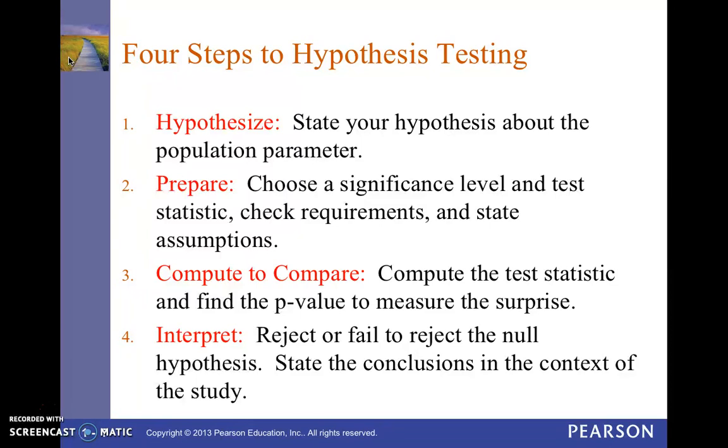If you've rejected the null, which means that you've rejected the idea there's no effect, then you're probably going to say something about there being an effect with regard to whatever it is that you were studying. On the other hand, if you fail to reject the null, you're going to say something along the lines of having found no effect with respect to whatever it is you were studying. So it's really that last part that you need to end on.